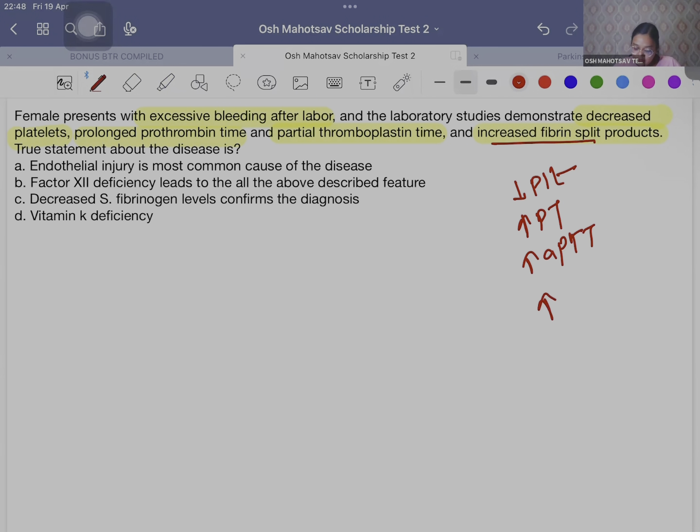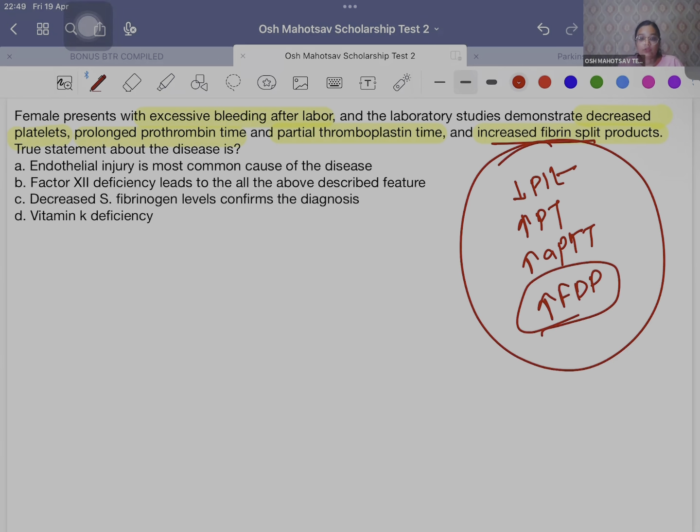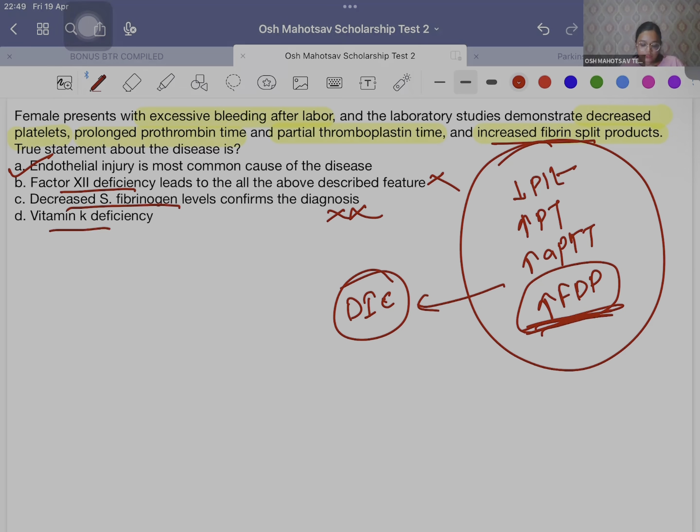Whenever you find all of these, with increased fibrin degradation, the diagnosis will be disseminated intravascular coagulation, and the answer will be endothelial cell injury as the most common cause. Factor 12 deficiency will not have any such defect. Decreased fibrinogen level will not confirm the diagnosis because we have to check the fibrin degradation products. And vitamin K will not have any role here.